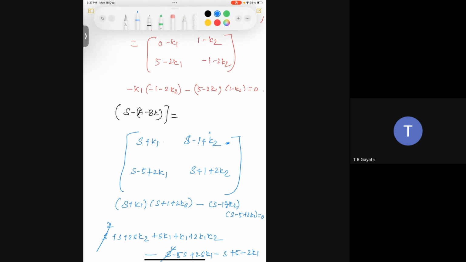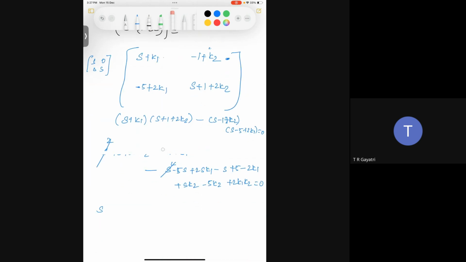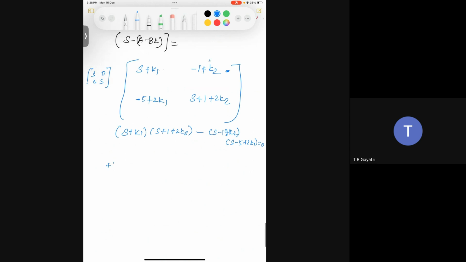Okay, sorry, this is a dumb mistake. Now it is s plus k1 into s plus 1 plus 2k2, minus of minus 1 plus k2 into minus 5 plus 2k1, equal to 0.